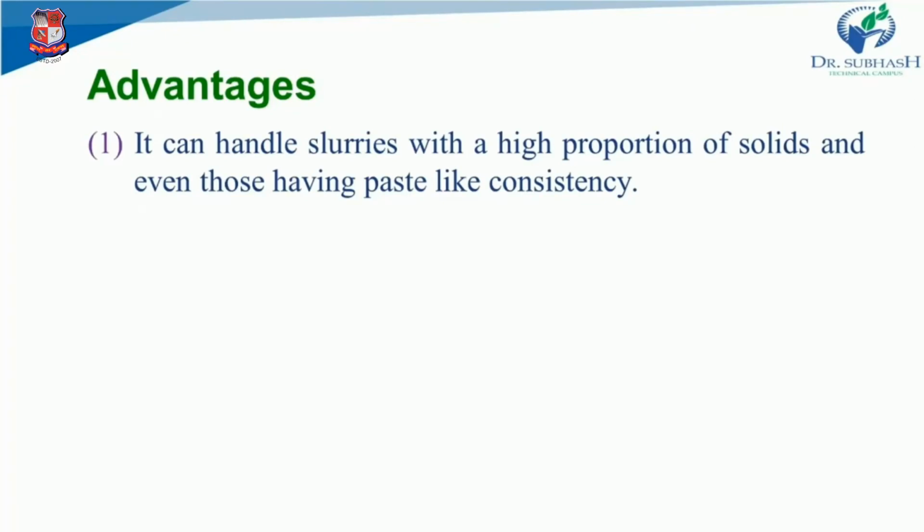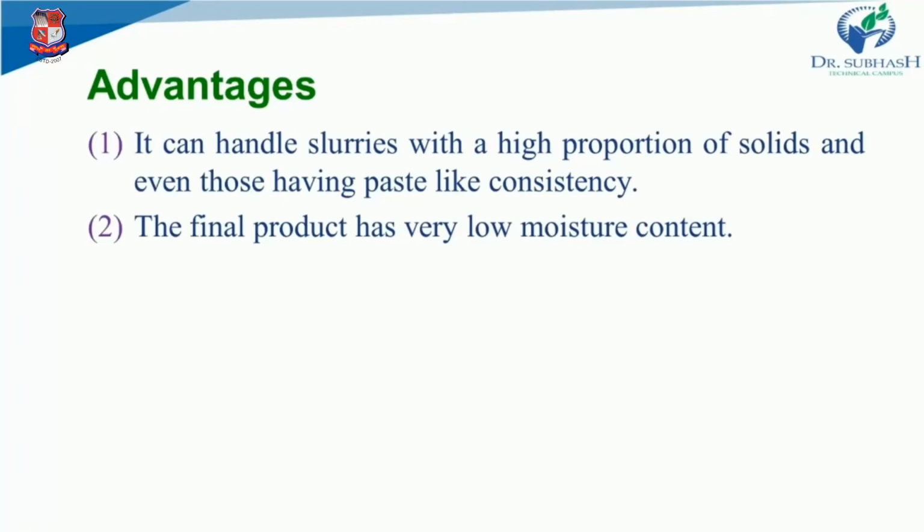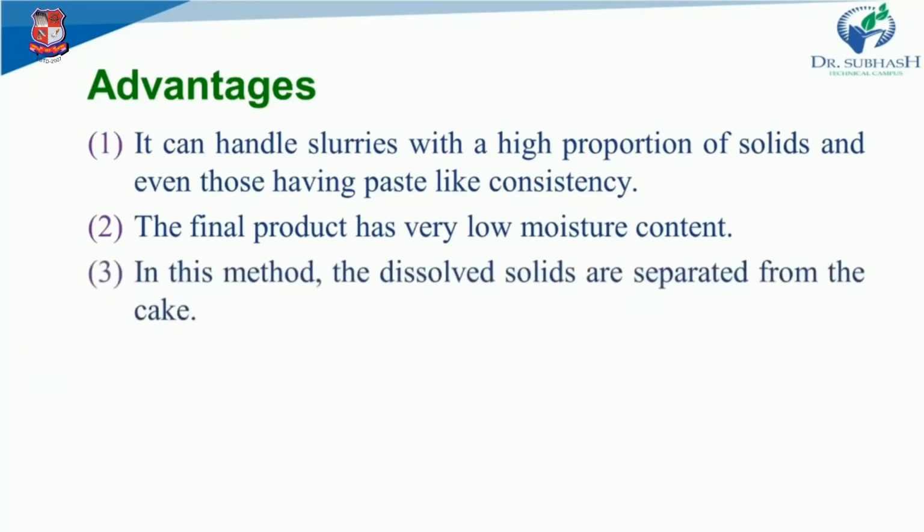So here it can handle slurries which have a high proportion of solids and even those having a paste-like consistency. The final product has very low moisture content. Here moisture content is very low when you get the final product. In this method, the dissolved solids are also separated from the cake. Where the cake is formed, the dissolved solids are separated via filtration centrifugation.